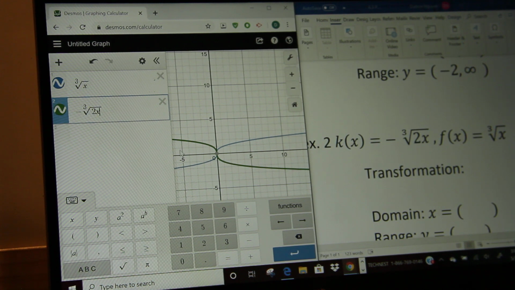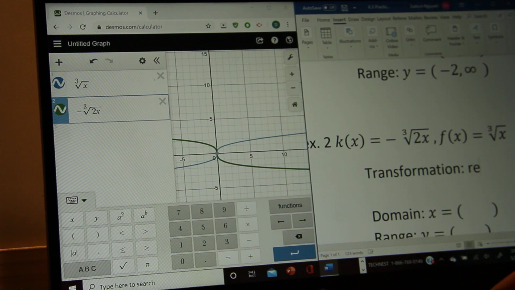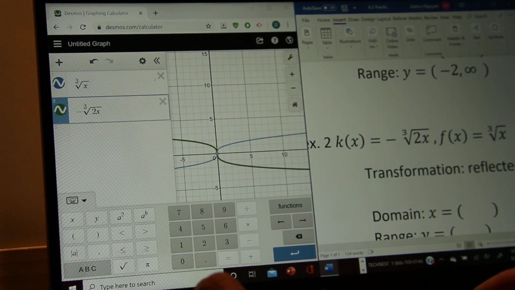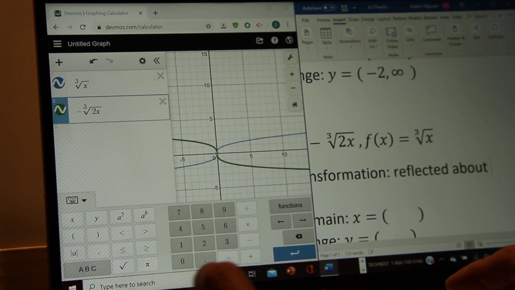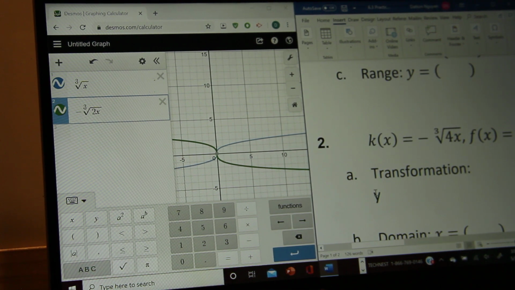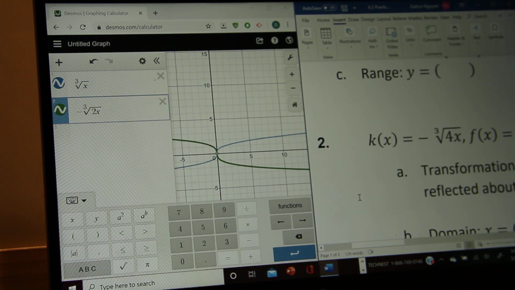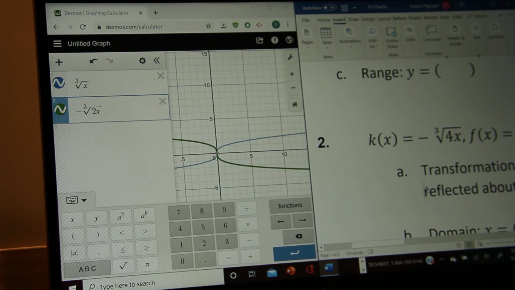The negative sign in front of it actually reflected about the x-axis. Reflect about y. Okay? So let me go ahead and move it over here. Oops. So reflected about y-axis.